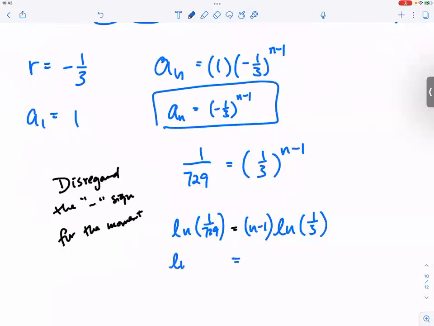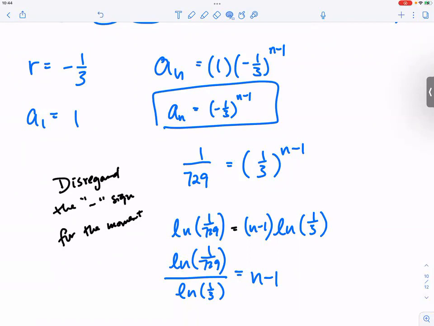So you can go ahead and do natural log of 1/729 over natural log of 1/3. That's equal to n-1. So the tools that we learned back in Algebra 2 and earlier this school year with natural log, how to find out the exponent, that is still very useful here.